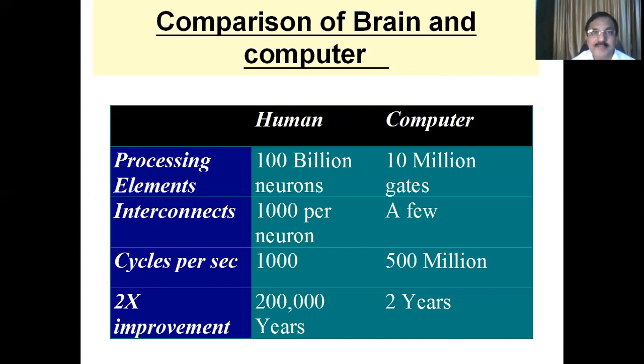If we compare human to computer on the basis of various points, that is processing elements, interconnects, cycles per second, and the rate of improvement, we find that the processing unit is the neuron. In the human body there are 100 billion neurons. A million is 10 to the power 6, a billion is 10 to the power 9, and 100 billion is 10 to the power 11 neurons in the human brain.